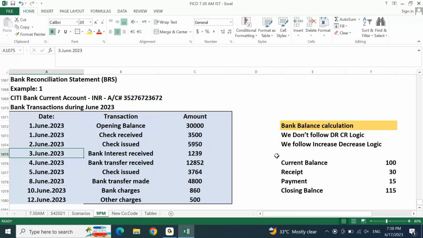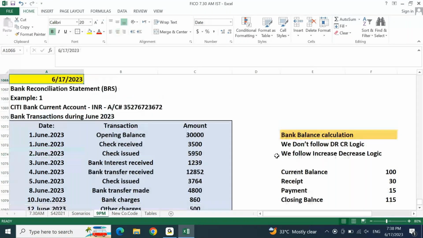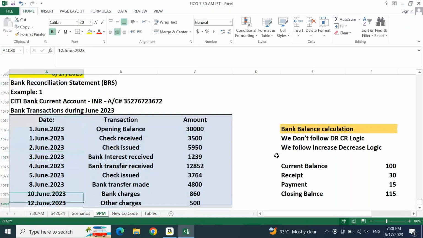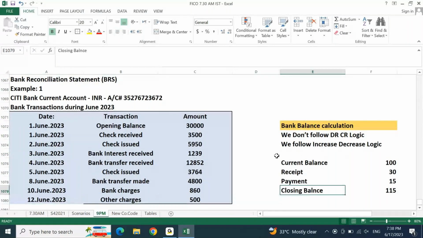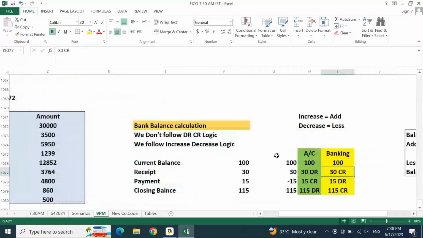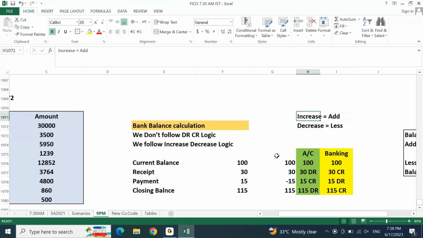Instead, you will be mentioning plus minus, in short increase decrease or add deduct, add less. So here, when you are adding, you will put a plus symbol. Correct? Add is nothing but plus. Am I correct?